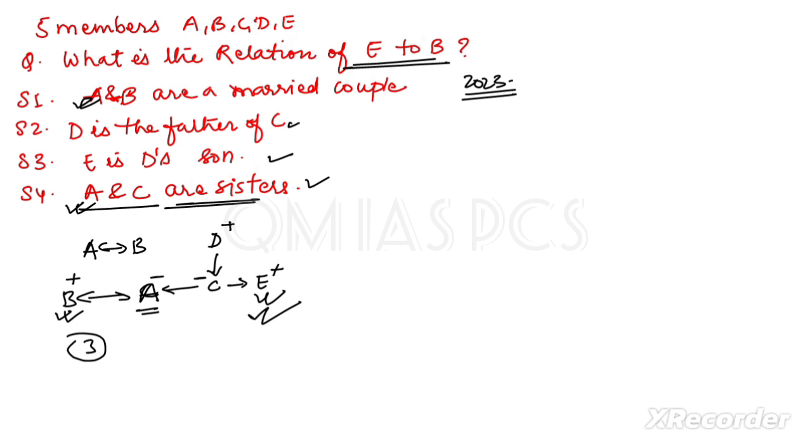But I would suggest you should practice more and more questions, around 10 to 20 questions, based on this topic, so that you will understand more about this topic, like how to form the relationship tree. Till now, if there is any confusion or doubt, you can comment in the comment section. And if there is anything left out, we will cover it in the next video or in the extra sessions.